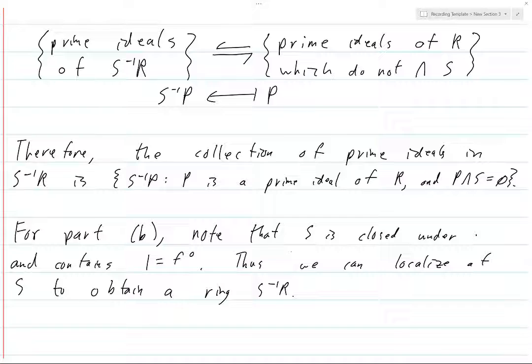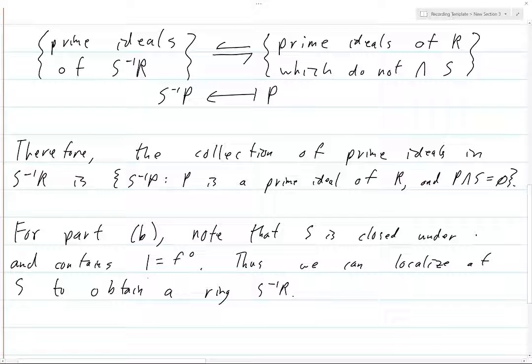Well, actually, it doesn't really matter here because certainly we can localize at S. If you do need 1 to be in S in order to localize, then you do need to state that it contains 1.